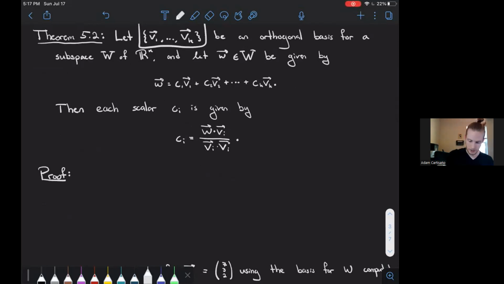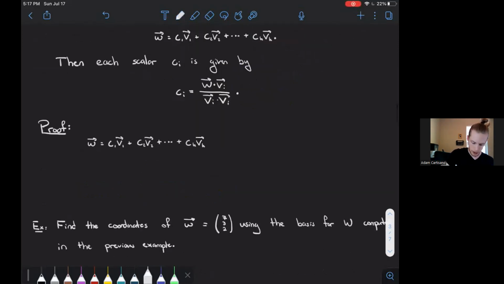Well, it starts with w is equal to this linear combination. So w dot vi, or vi dot w, is vi dot this thing.